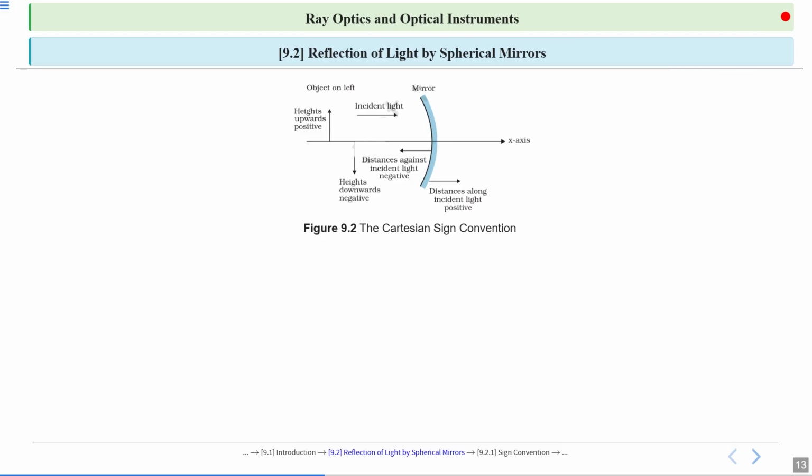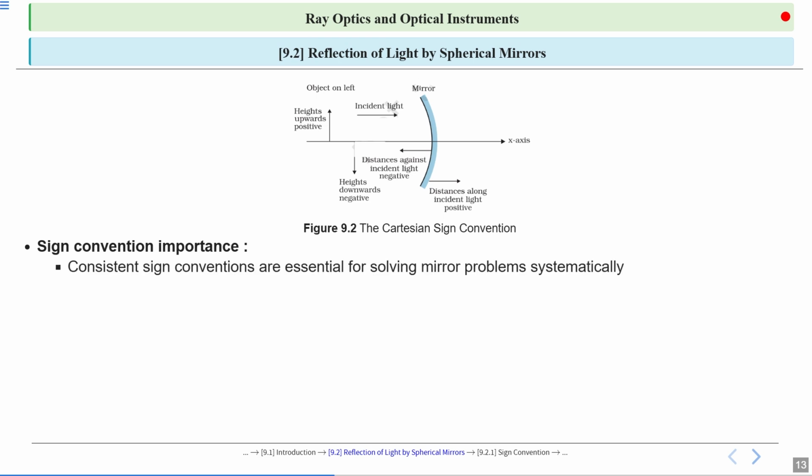Now, the Cartesian sign conventions. Consistent sign conventions are essential. Consistent means standard, not changing. Sign conventions are essential for solving mirror problems systematically. So Cartesian sign conventions provide a universal approach for all mirror calculations.